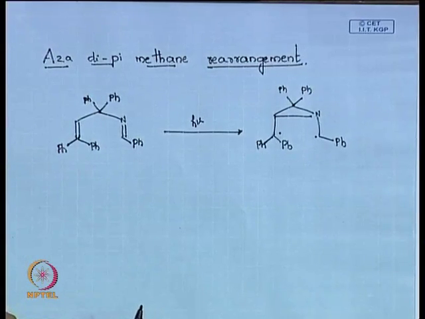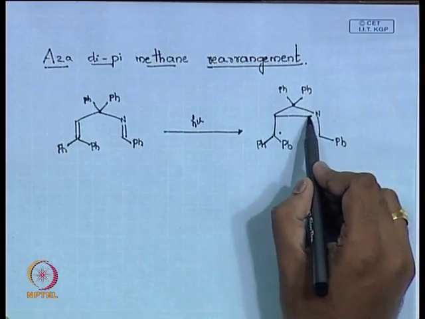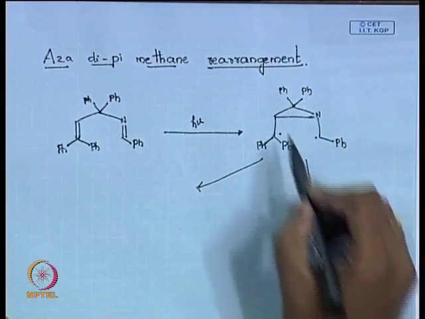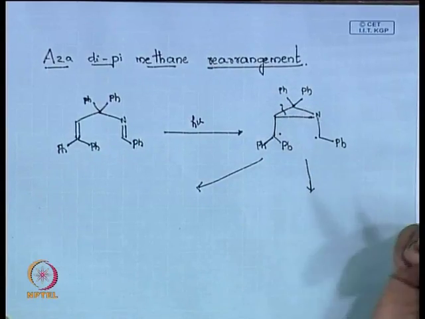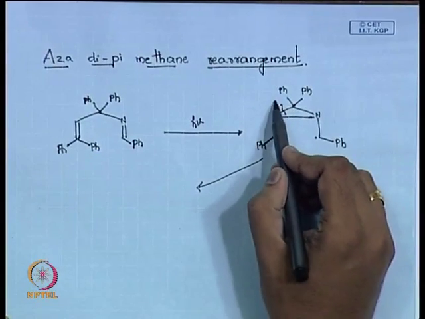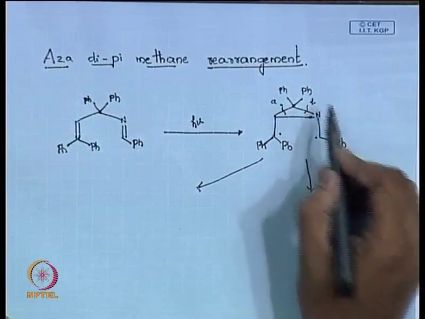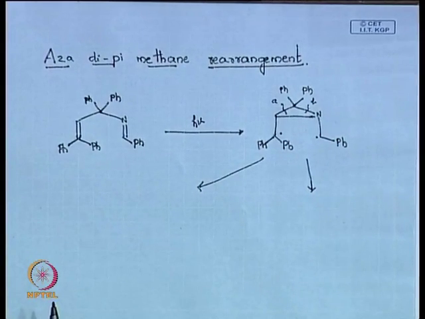So, we said that you can cleave this in both ways. One, you can cleave in this direction, so we can call this A. Another way, you can cleave around this way, so we can call it B, fine.